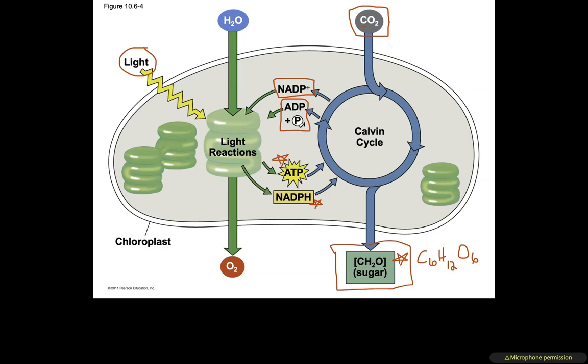And your ADP plus your P are going to go back to the light reaction and get rebuilt via the process of photophosphorylation, which uses an enzyme in the reaction to attach the P to the ADP to make ATP.